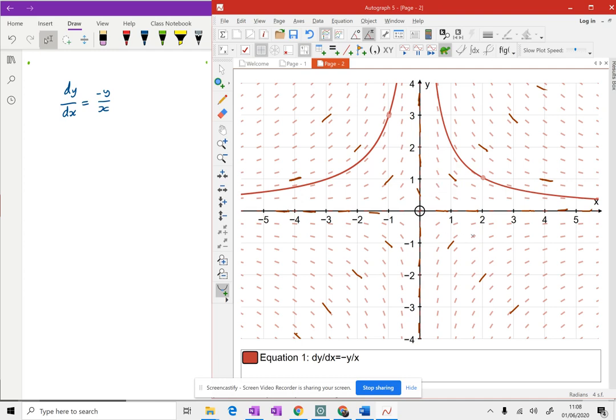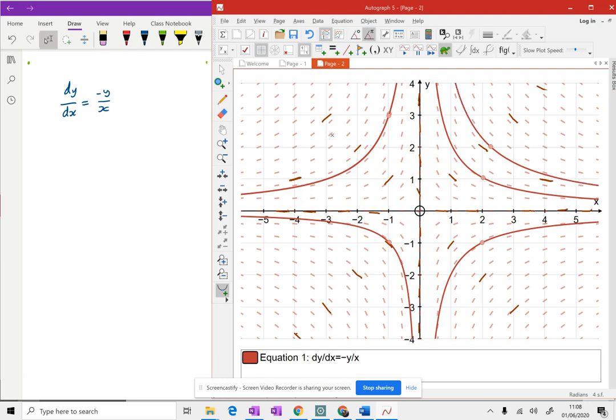And if I try down here at 2, minus 1, we're expecting to get something almost the same. There it goes. If I come out this side at minus 1, minus 1, off it goes. And you can see you're going to get a lot of curves, all of this sort of shape.